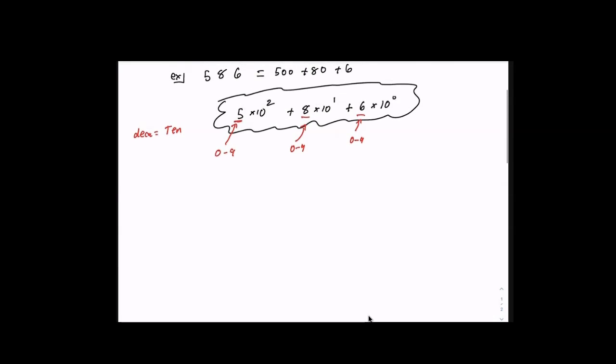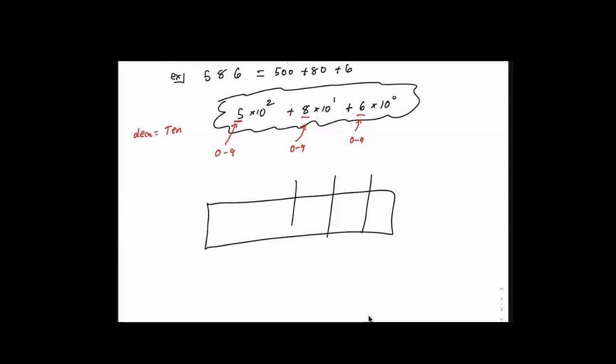The main premise here is we can actually make a table of our number system, and yes, you can go negative. Let me, for example, put a decimal point right here.